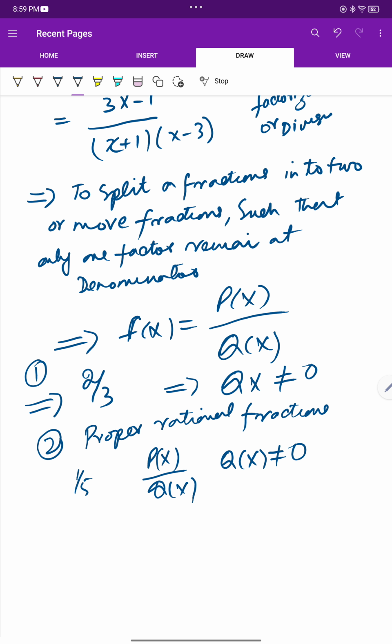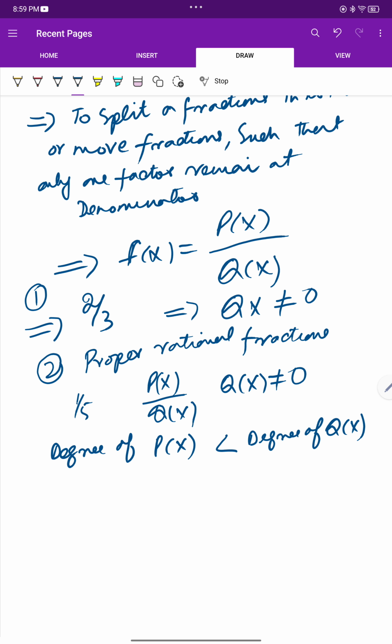So in this case, the degree of the polynomial p(x) is less than the degree of the denominator. In simple words, it will be a proper rational fraction if the degree of p(x) is less than the degree of q(x).